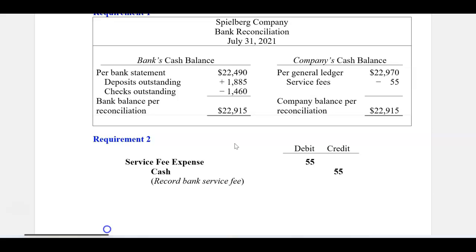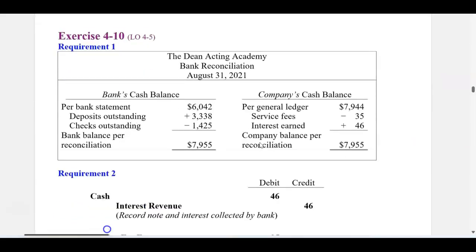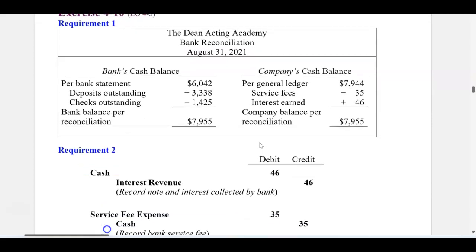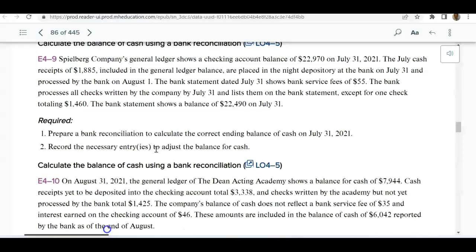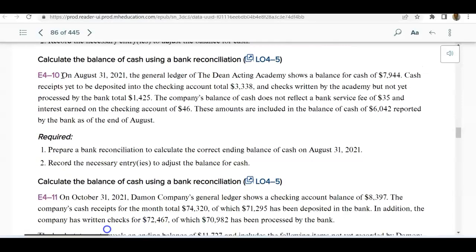Let's do one more. Let's say number 10. Okay, so here's the problem. On August 31st of 2021, the general ledger of the company shows a balance for cash of $7,944.